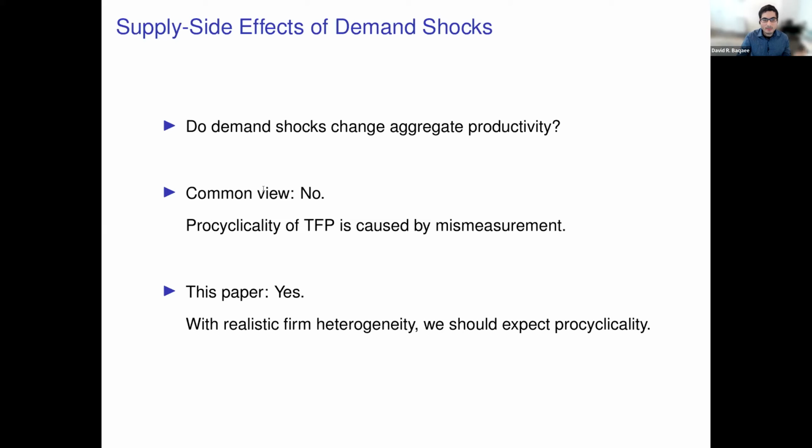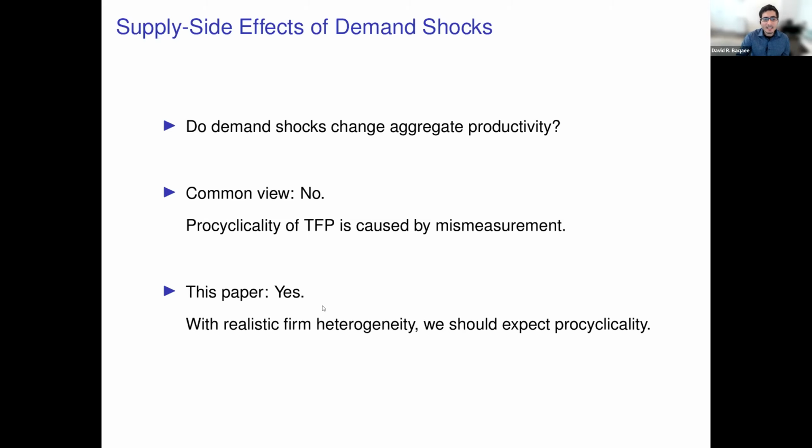This is the common view that the literature often takes. And if you take this view, then there's an awkward fact in the data that you have to explain, which is that aggregate productivity, if you try to measure it, looks very pro-cyclical and looks like it responds to aggregate demand shocks. For example, aggregate productivity moves with monetary policy shocks, and it moves with changes in fiscal policy.